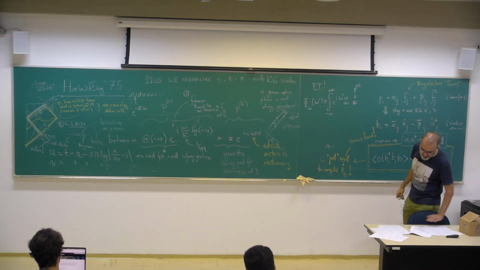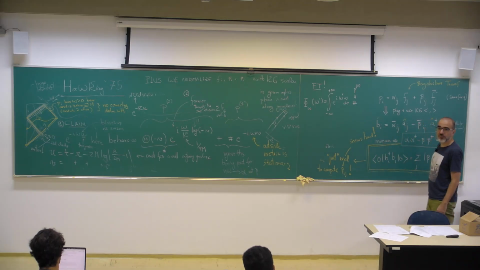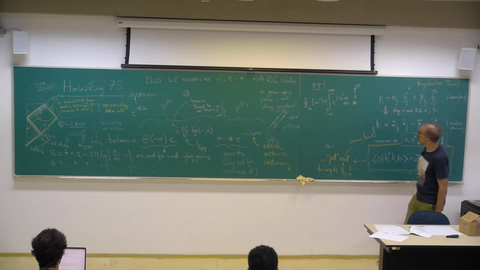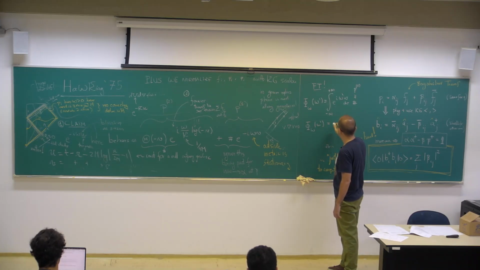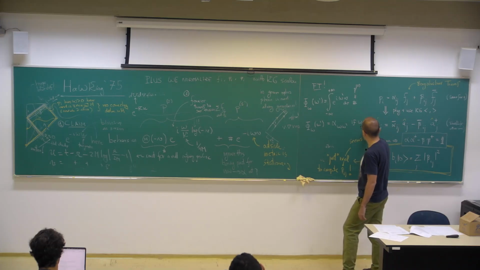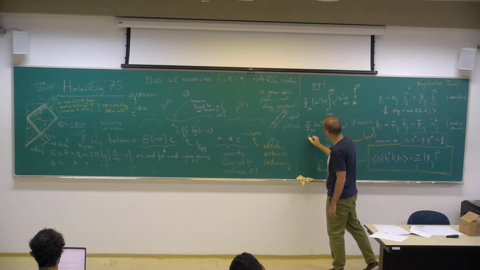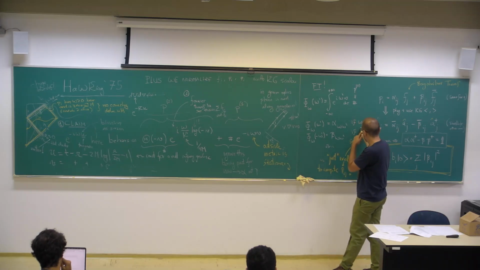And so now I want to do this Fourier transform to see the decomposition of the modes. And the claim is the following. The claim is that this phi of omega and omega prime is equal to the alpha that we want, of omega prime, if omega and omega prime are both positive, and phi of omega and minus omega prime would be the beta of omega prime, if again both are positive.